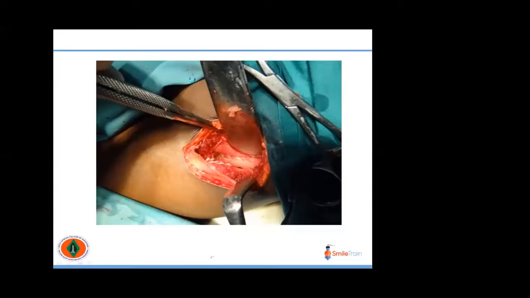So a cortical bone window is opened on the medial side, and the cancellous bone is chiseled out or scooped out as much as we need. And when we finish, a small part of the cortical bone on the medial side is also cut out.